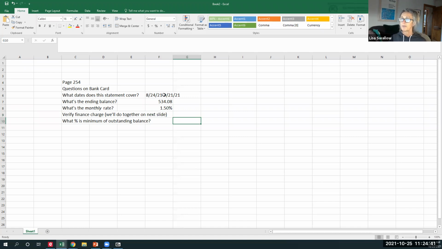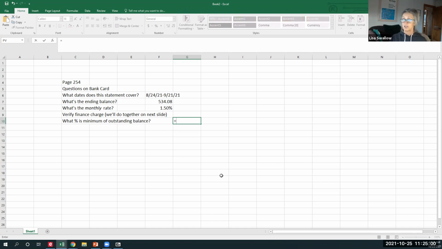And then the next question is, if I'm only paying the minimum required payment, what percentage is that of my balance? And we just did the balance up here. So I've got to go find my minimum payment, which is all the way bottom left. And every statement's going to look different.